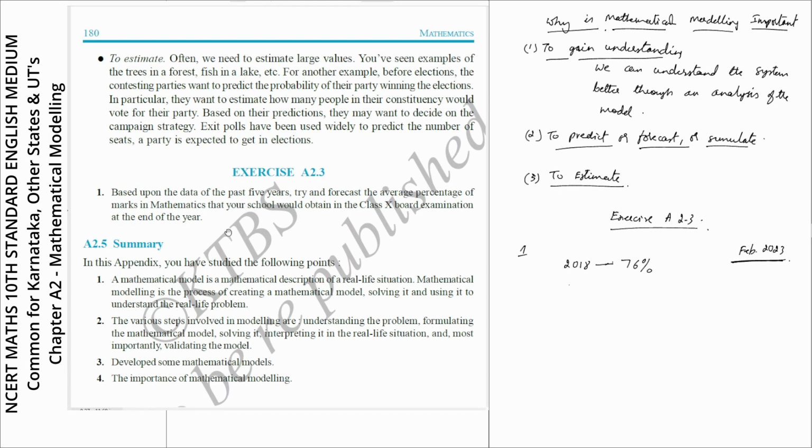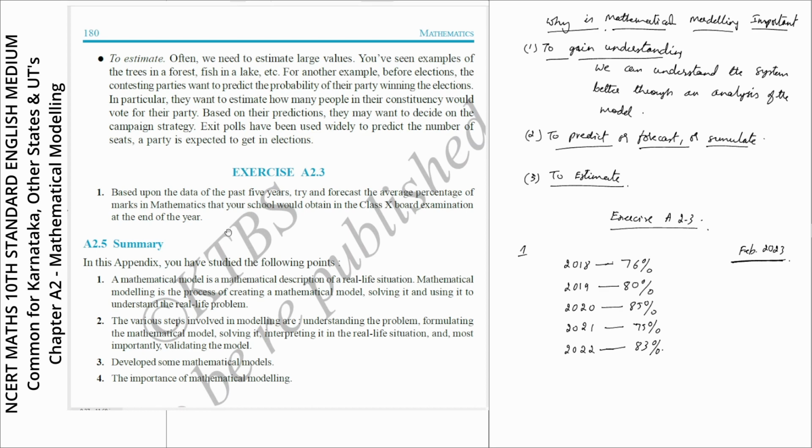In 2019 the percentage of marks in maths is 80%, and in 2020 it is 85%, and in 2021 the percentage of marks in maths is 75%, and in 2022 the percentage of marks in maths is 83%. So this year what could be the percentage I should calculate?